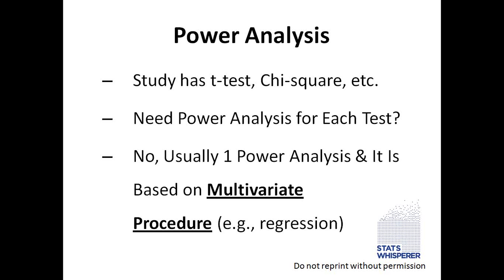And the answer is no, not usually. Usually, in the proposal or the paper, there'll be one power analysis, and it will be used for the final multivariate procedure. So in that case, even if you did t-tests, chi-squares, you end up with multiple regression, you would do a power analysis on multiple regression.